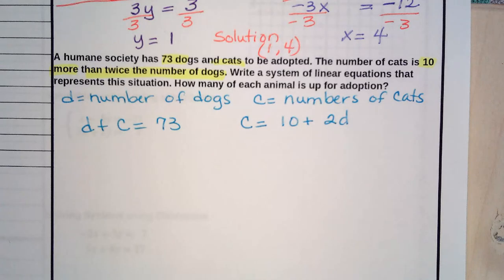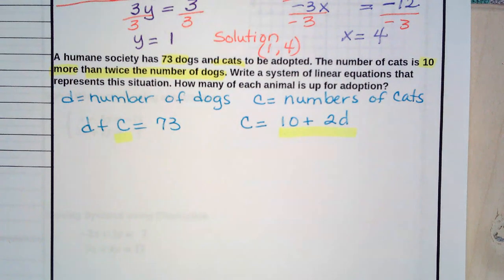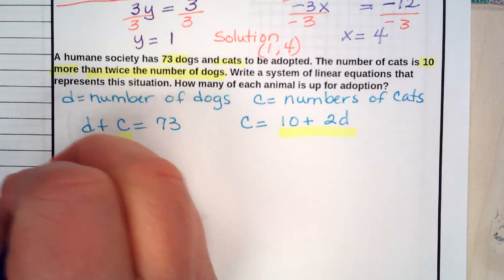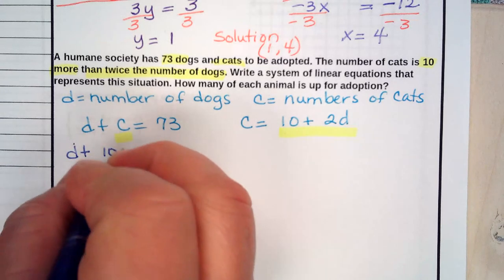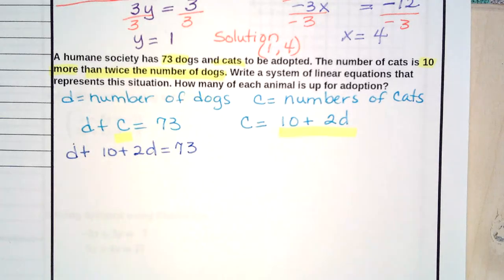Now, what are we going to use? Are we going to use graphing? Are we going to use substitution? Or are we going to use elimination? Well, in this case, I would use substitution because we can substitute the expression in for C. So, D plus 10 plus 2D is equal to 73.